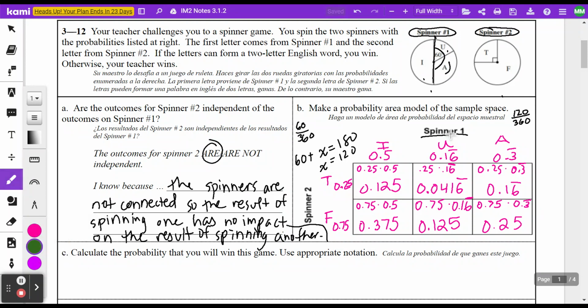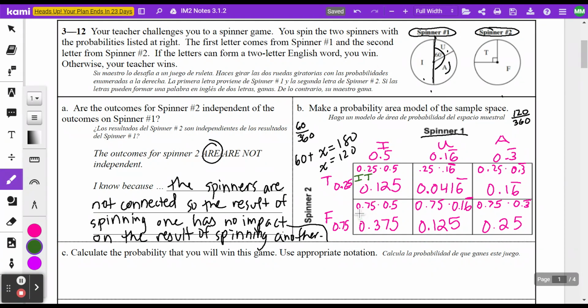Now, I could be done, but I want to add a little bit more clarity. Spinner 1 in this diagram is at the top, and spinner 2 is on the left. So I'm going to note what words I've spun. Spinner 1 is I, so that should come first. Spinner 2 is T here.